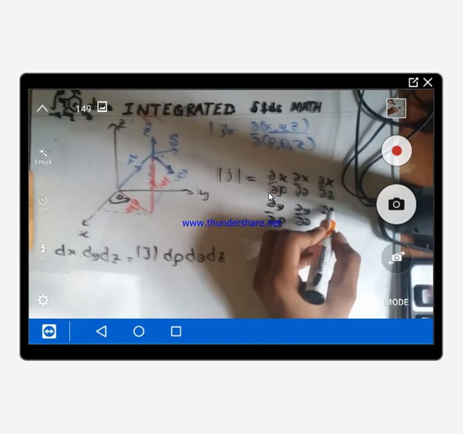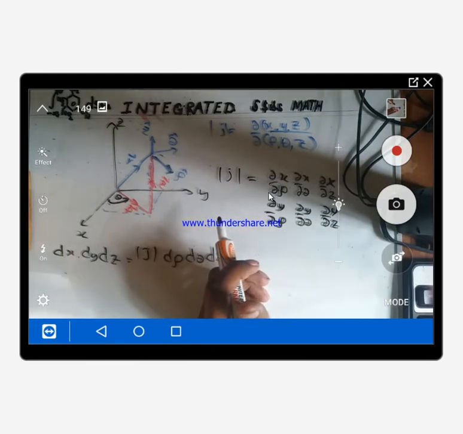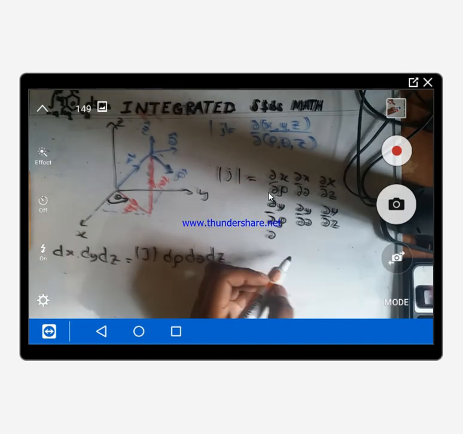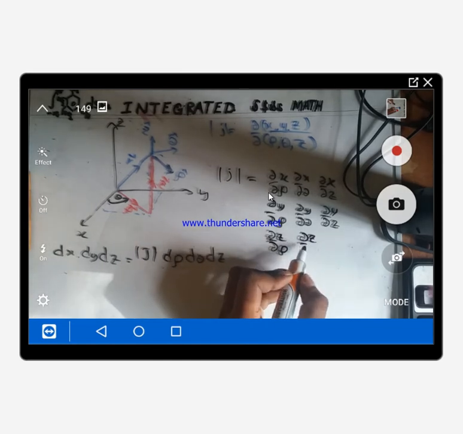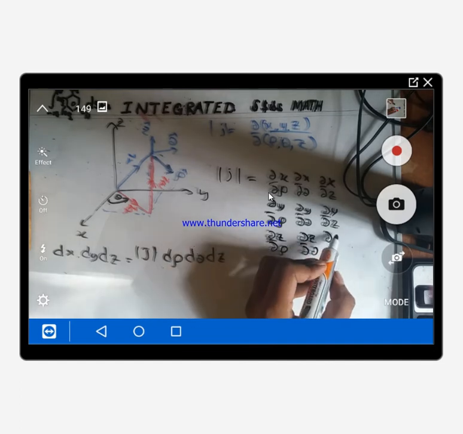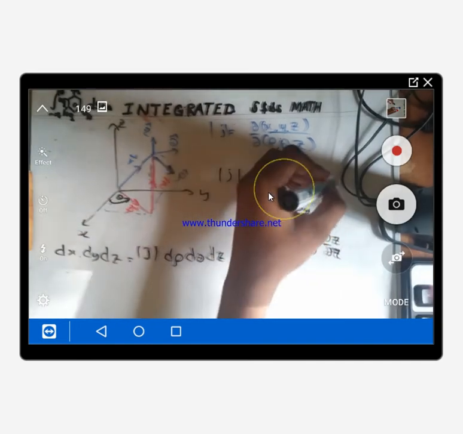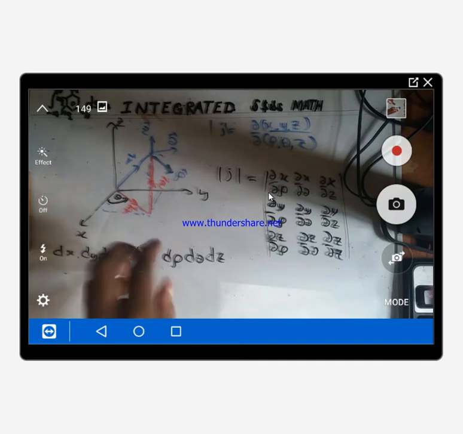Partial y with respect to z, partial z with respect to rho, partial z with respect to theta, and the last, partial z with respect to z. This is the Jacobian matrix. If you take the determinant of this matrix, you find the determinant of the Jacobian, and that is the thing you need to find.